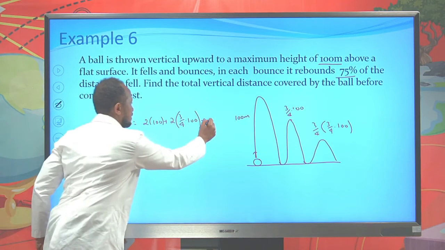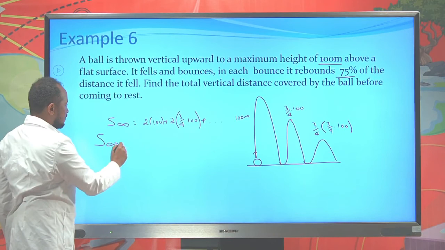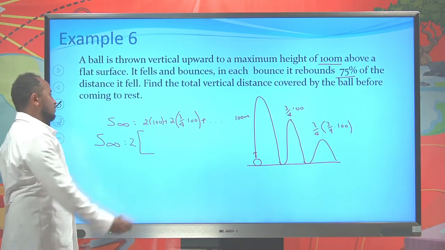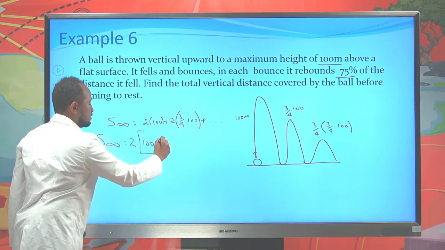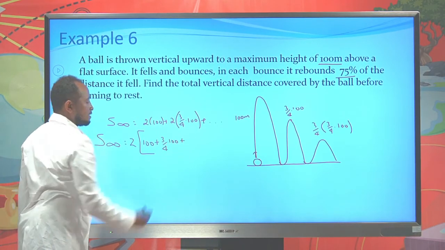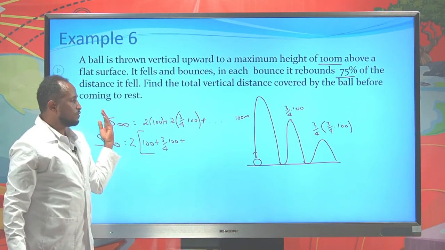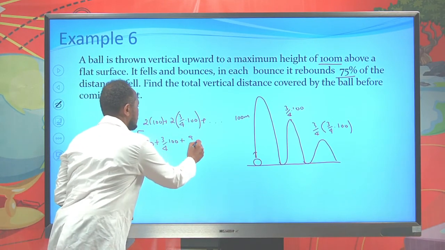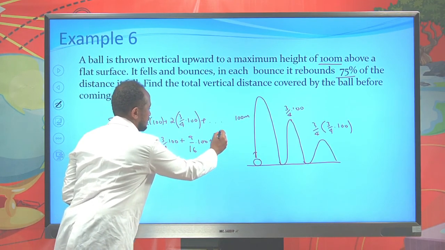To find the infinite sum, you can take two outside: 100 plus 3/4 of 100, plus 9/16 of 100, plus it goes on like this.